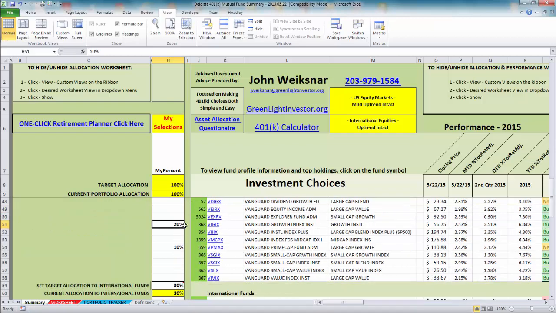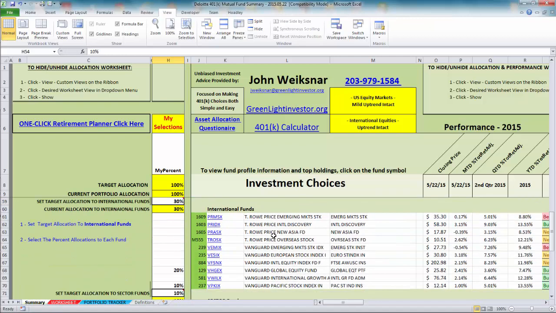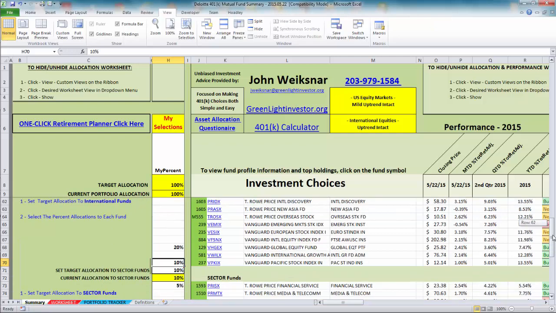Here we have 20% allocated to the growth index, and we have a 10% allocation to the prime cap fund. We also can scroll down further and see that we have a 30% allocation to the international funds. We do have 30% invested, and that's divided between two funds, with 20% in the Global Equity Fund and 10% in the Vanguard Pacific Index Fund.